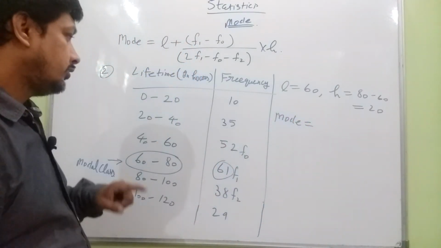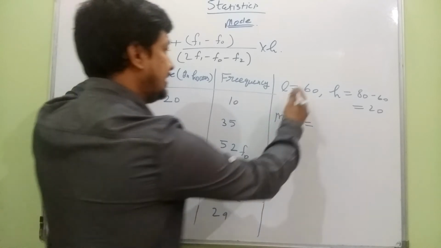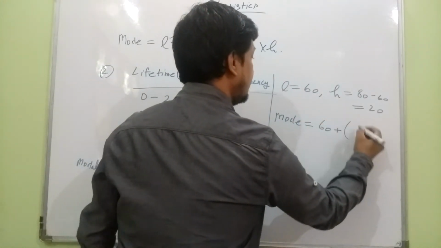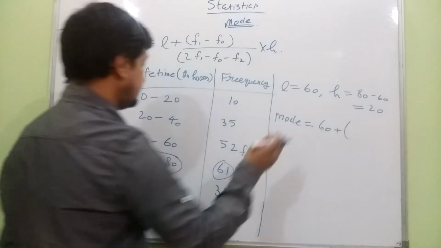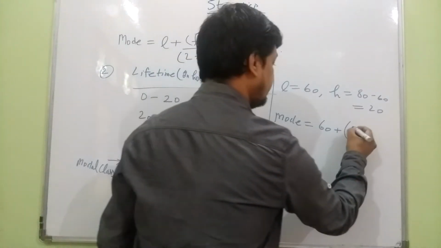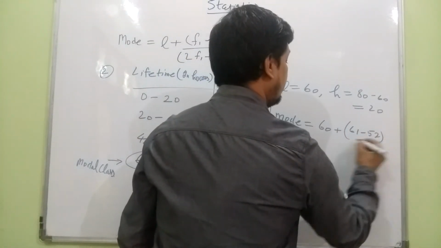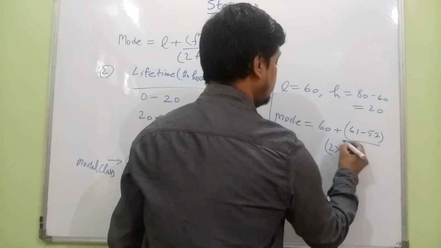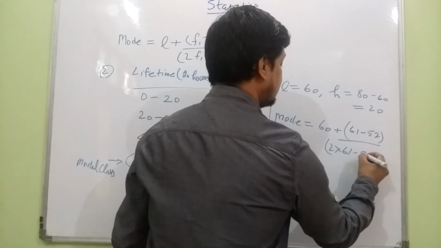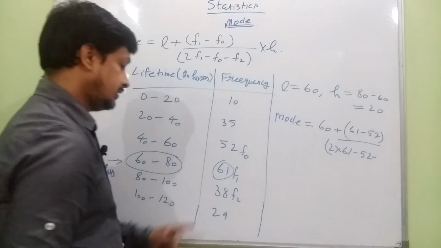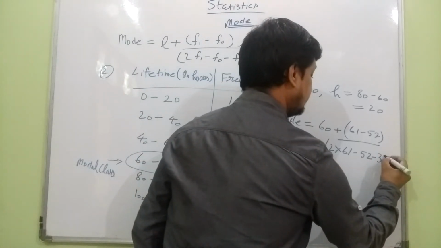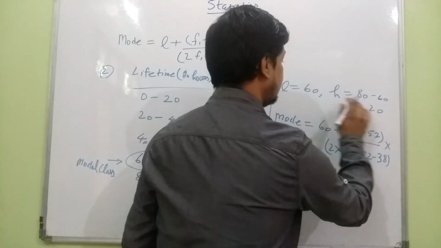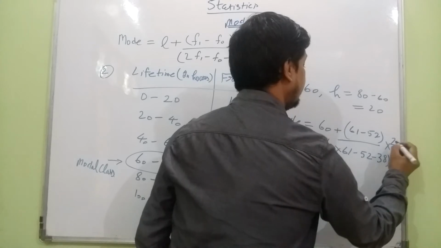So mode equal to L, L is 60, plus F1 minus F0, so 61 minus 52, upon 2 F1 minus F0 minus F2, into H. H is 20.